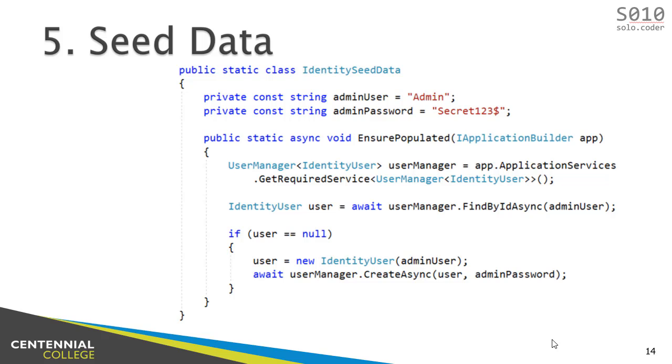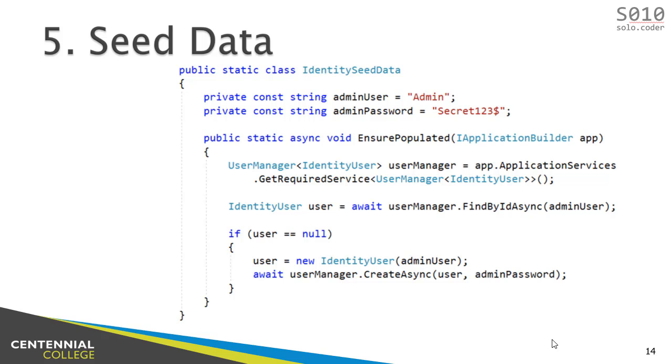So your system needs to have an initial user so you can use it to log in and then be able to create new users from there. But if your system doesn't have any users, you cannot log in to use the protected part of the system. That's the reason why we have an identity seed data.